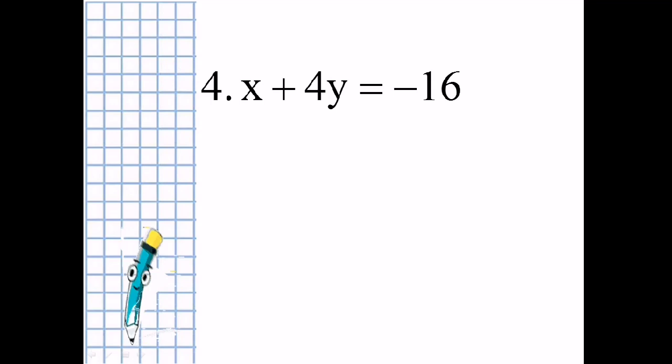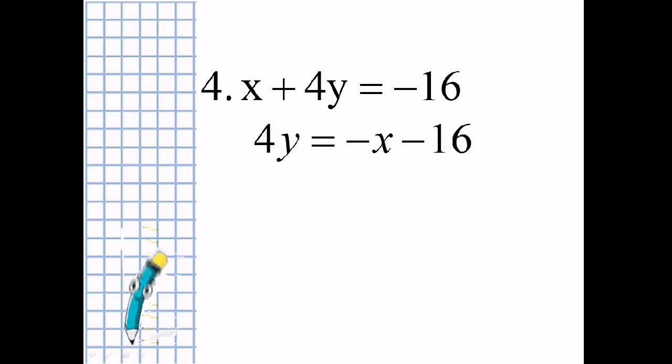So fourth example, x plus 4y equals negative 16. So let us write it in slope-intercept form. That is 4y equals negative x minus 16, and then divide all the terms by positive 4.